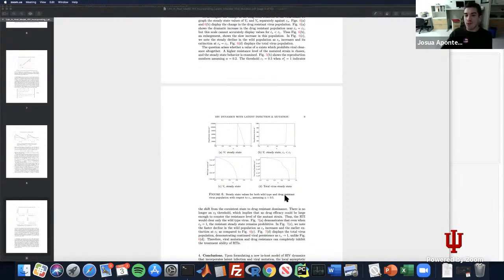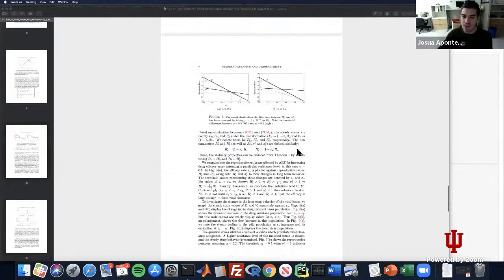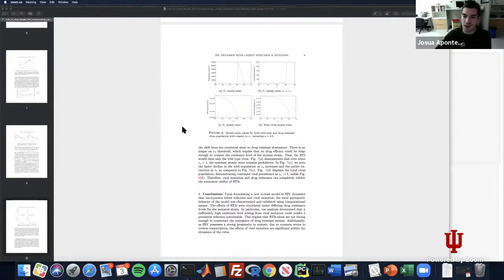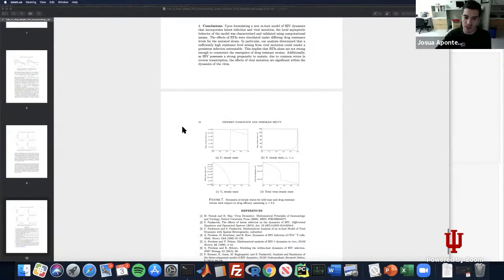But after we do that, we can explore some of the drug therapies that they test in the paper. There is a specific parameter that I did not talk about, but that represents drug therapy by decreasing some of the parameters that control how much virus is produced, or the infectivity of the virus, or how much time each cell spends in the latent phases for each of the viruses.